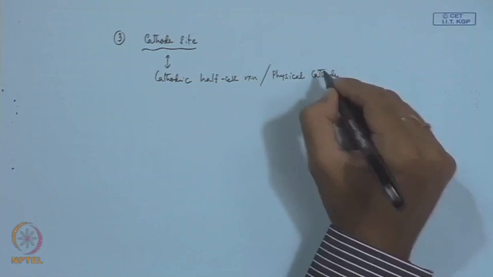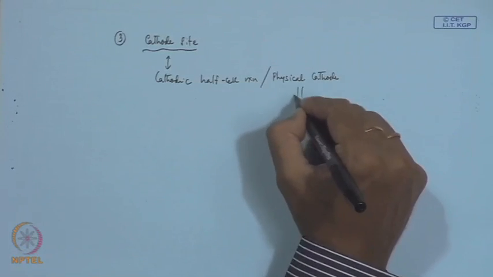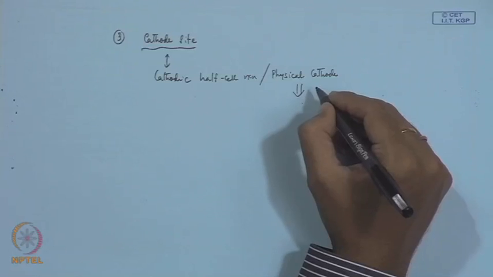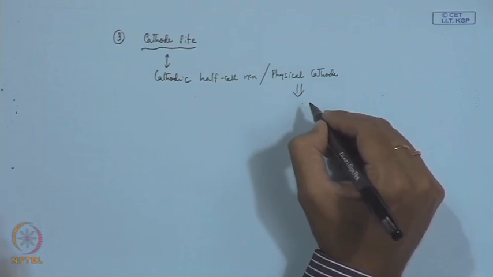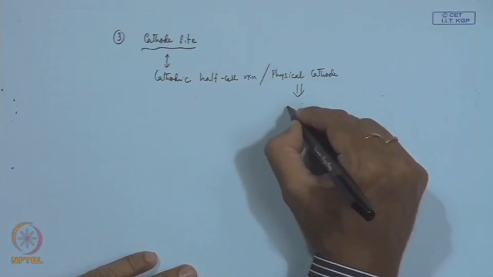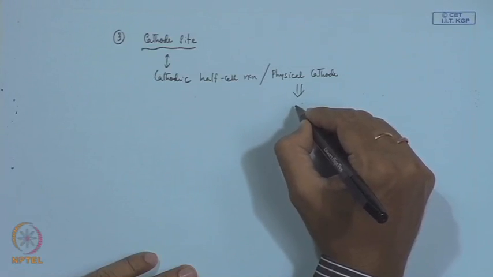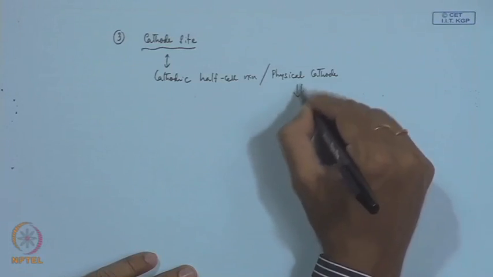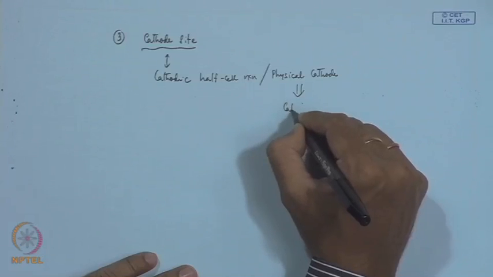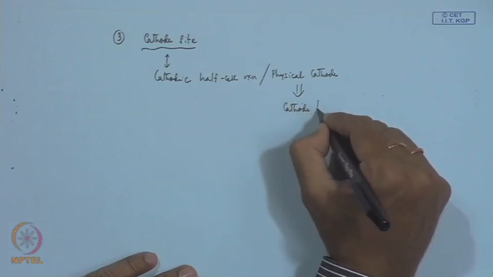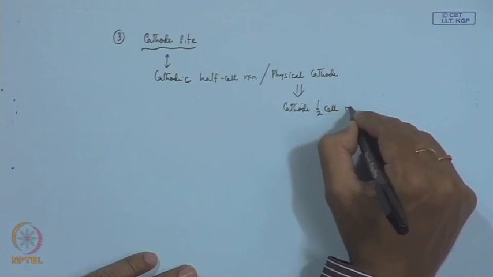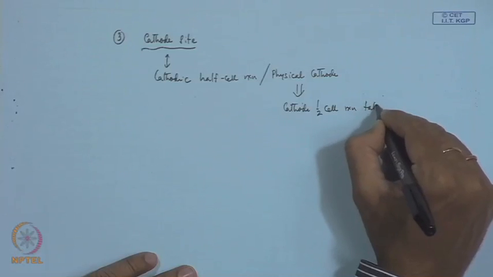Okay. Now this physical cathode is a localized region, a location where the cathodic half cell reaction occurs. So here in this physical cathode, the cathodic half cell reaction takes place.